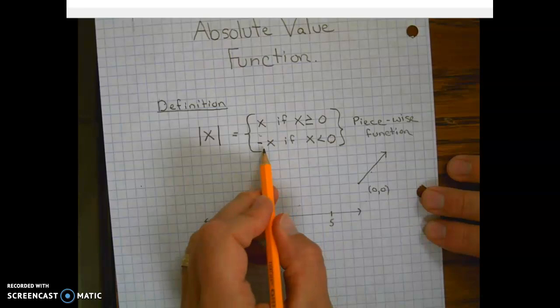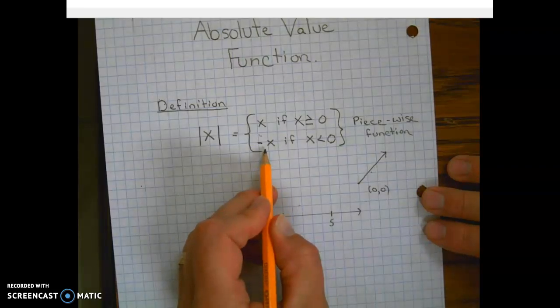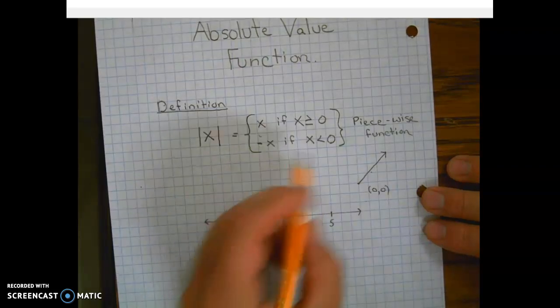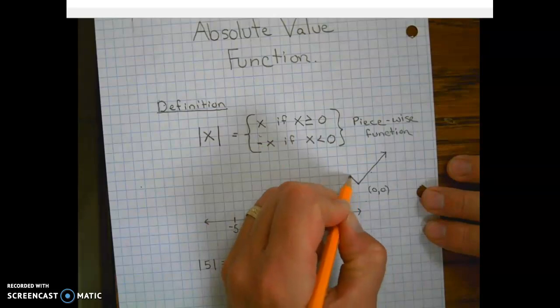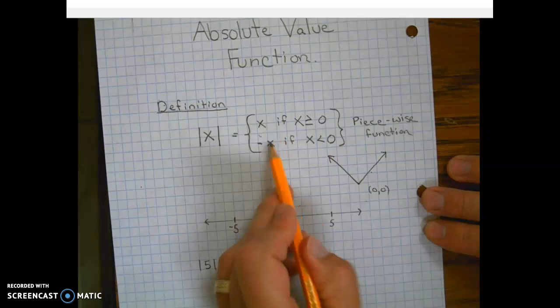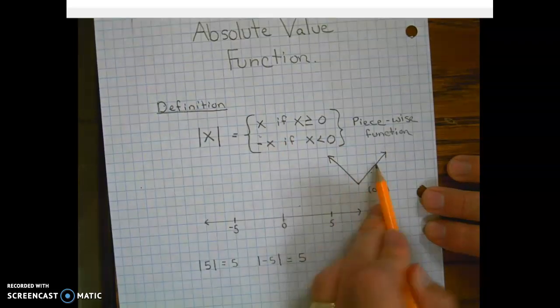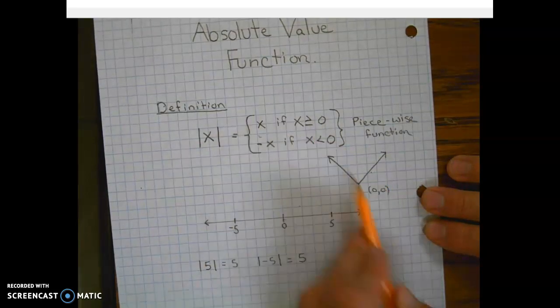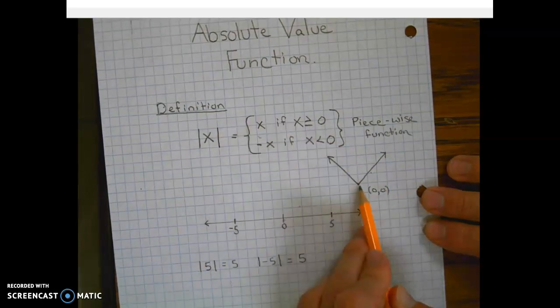And this would be the other side of our absolute value function, our other line with a negative slope. And so these two pieces together create two lines that meet at 0 at the vertex.